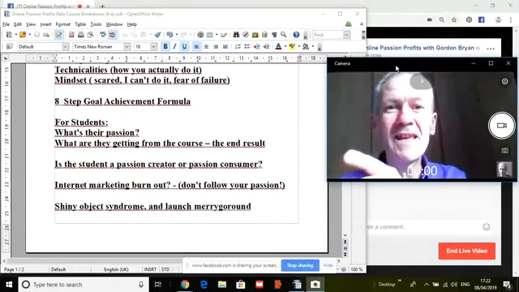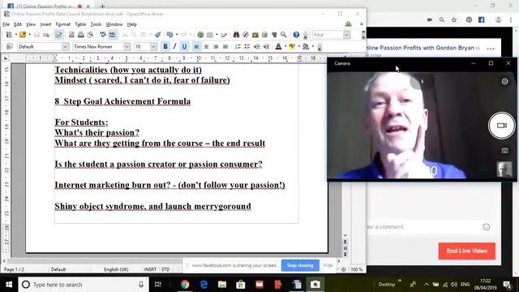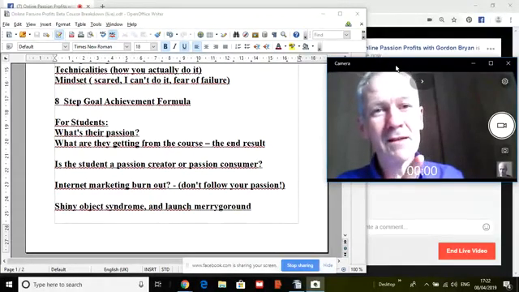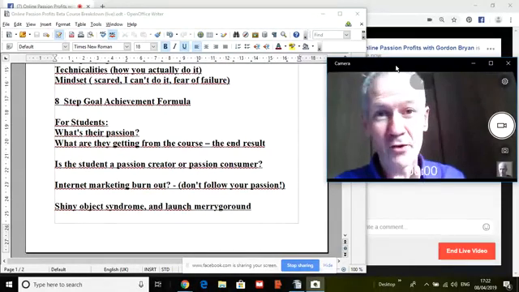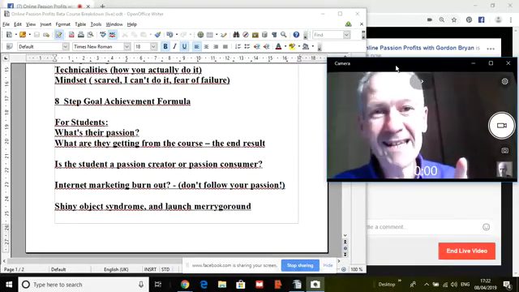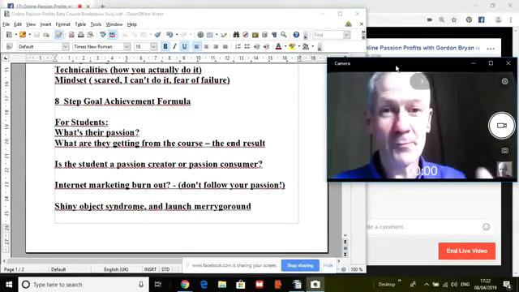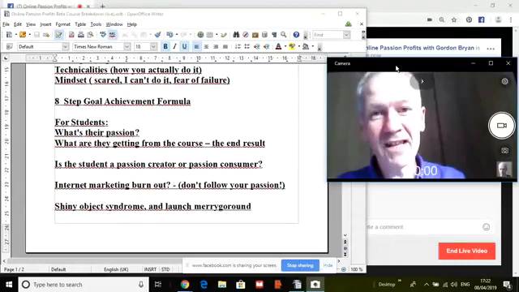Instead of seeing anything through on the first product, they buy another product. And then guess what happens? They will read it, won't take much action on it, if any at all, and then move on to the next shiny object. So they keep buying product after product after product without actually seeing any of them through.